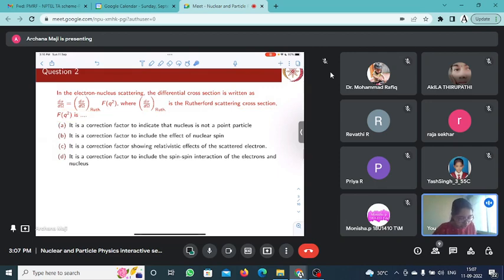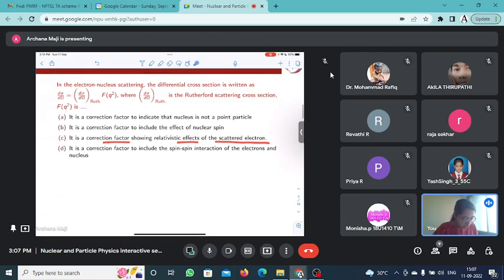Is it a correction factor to indicate that the nucleus is not a point particle, a correction factor to include the effect of nuclear spin, a correction factor showing relativistic effects of the scattered electron, or a correction factor to include spin-spin interaction of the electron and nucleus? Which option is correct?